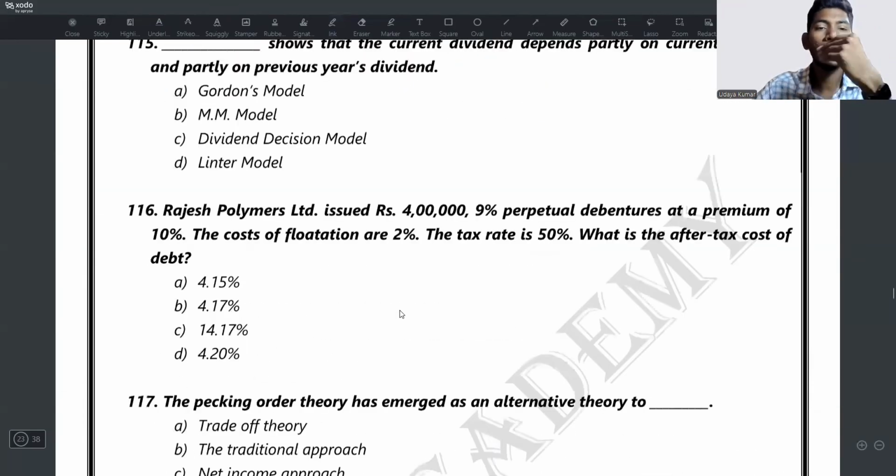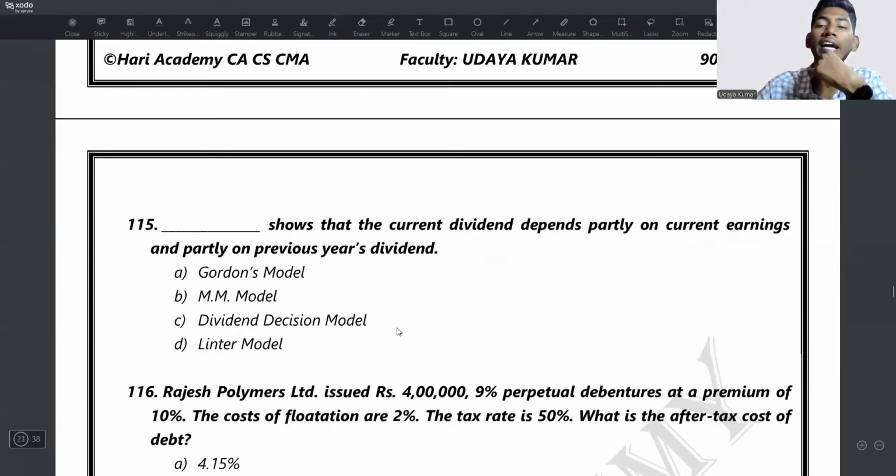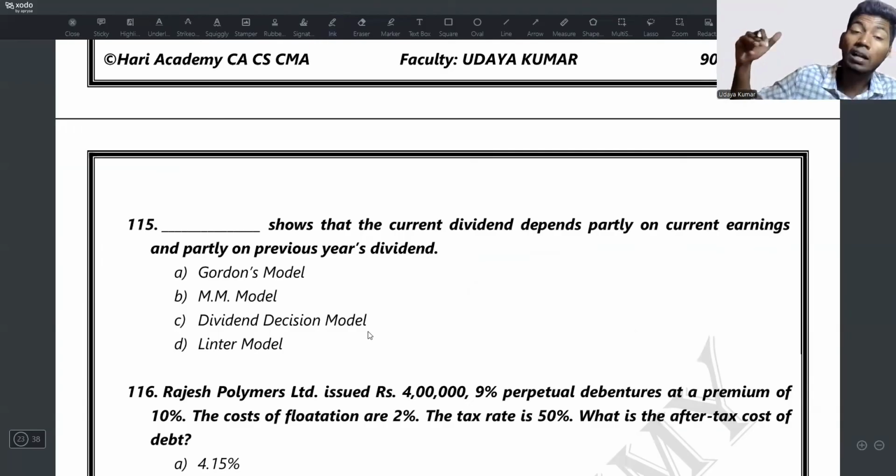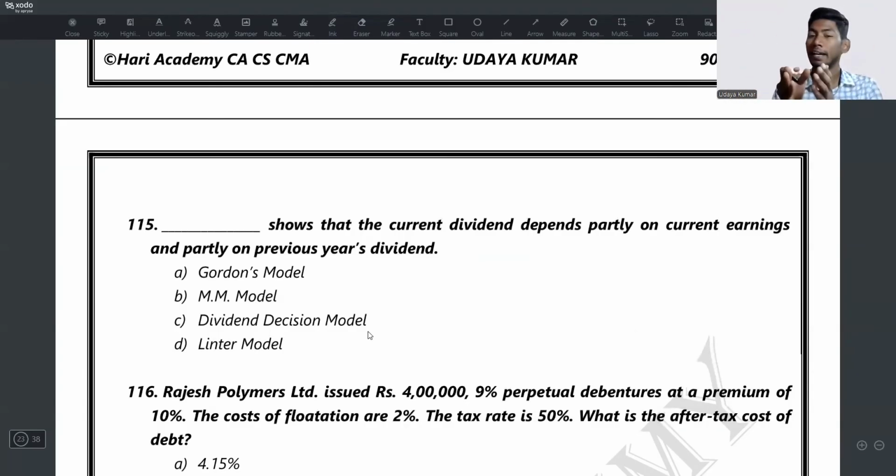Moving to question number 115. Dash shows that the current dividend depends partly on current earnings and partly on previous year's dividend. Who said this theory?